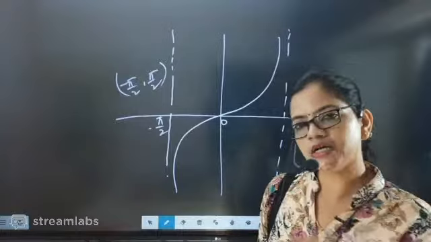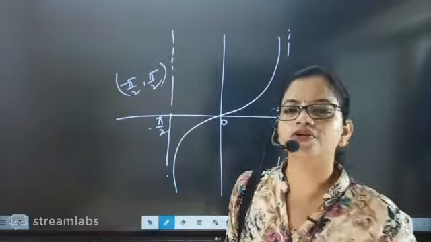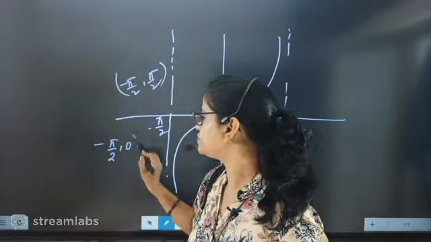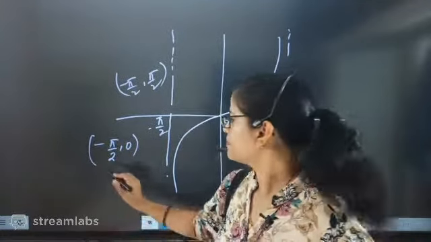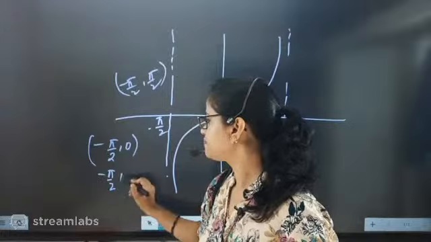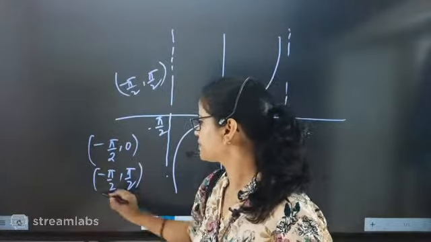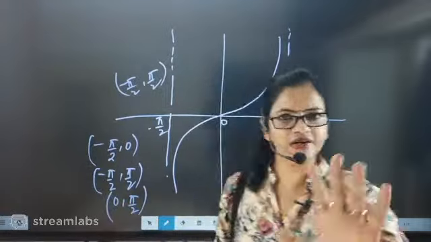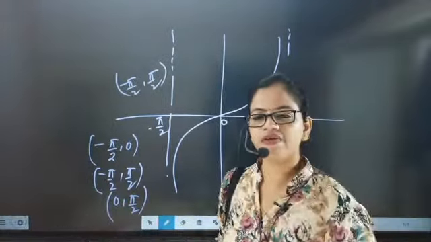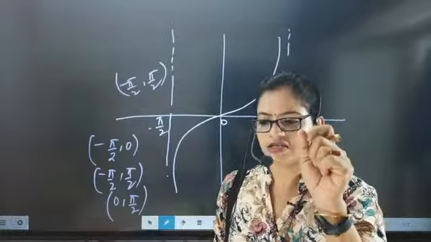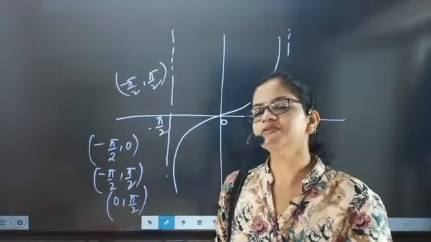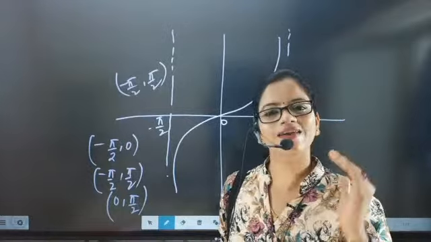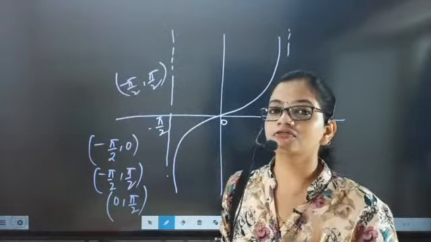Discuss the continuity or increasing or decreasing function of this curve in the interval minus 90 to 0, between minus 90 to 90, between 0 to 90. Now the decision is yours. I have given 3 intervals and 1 curve. Now analyze and think about when it is strictly increasing, when it is strictly decreasing, and when we cannot predict whether it is strictly increasing or strictly decreasing.